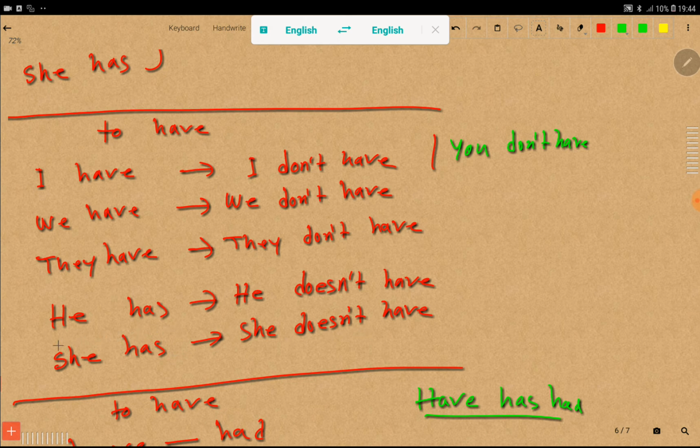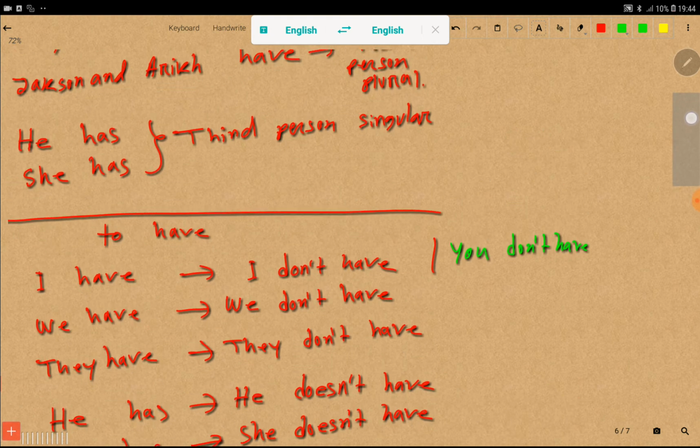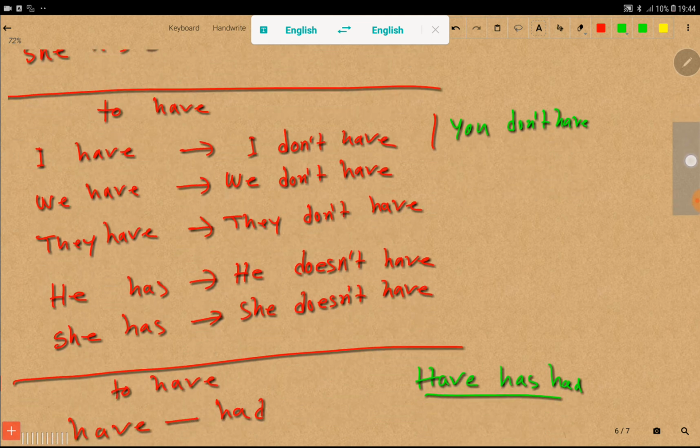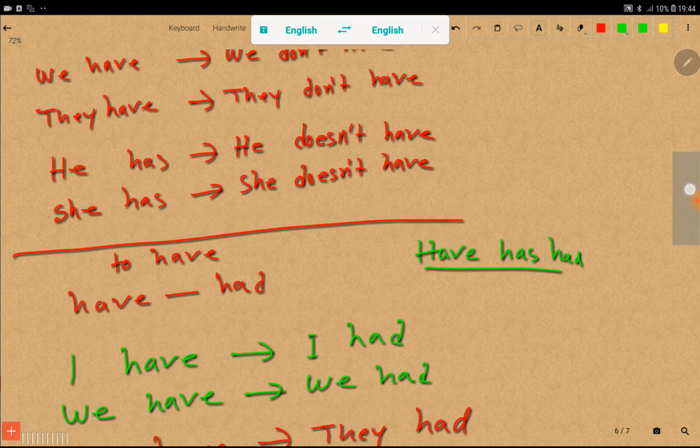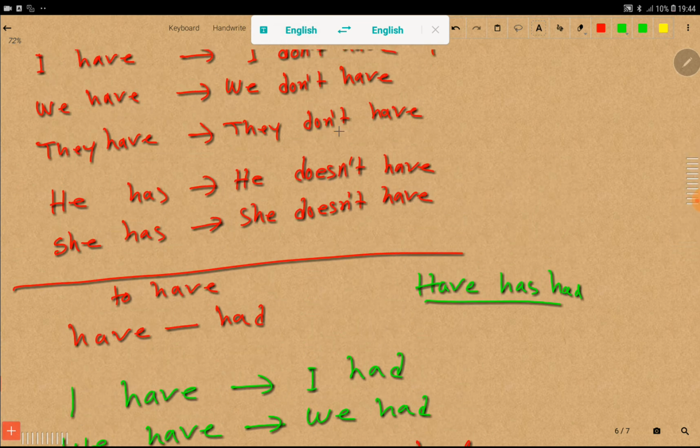Since this is third person singular. But for third person plural, look at here. For third person plural we are using don't, right? However, for singular we are using doesn't.